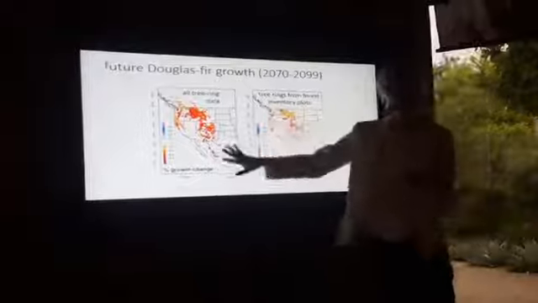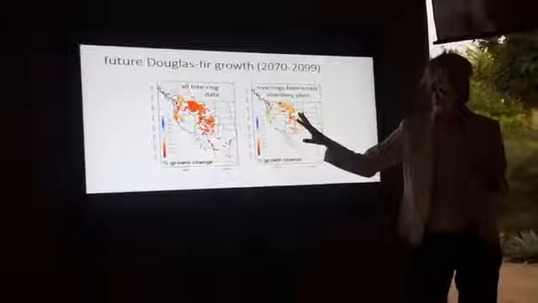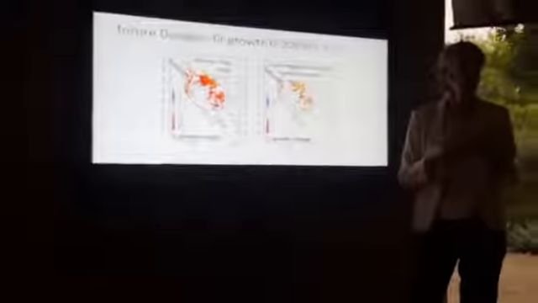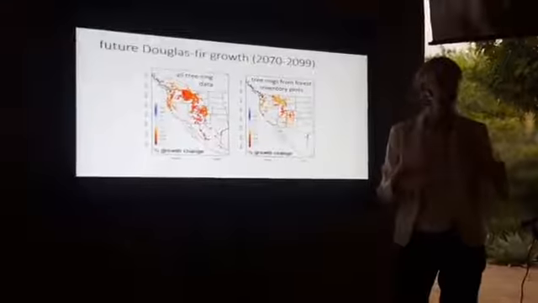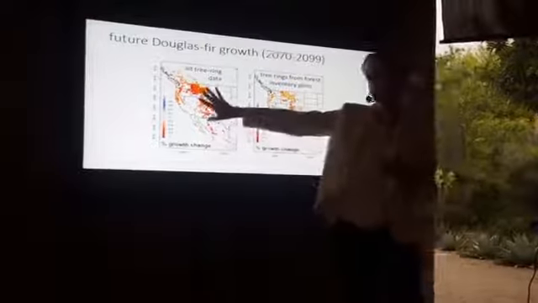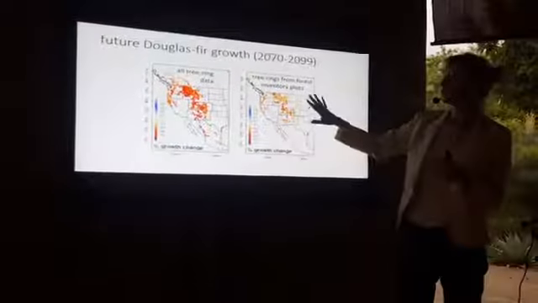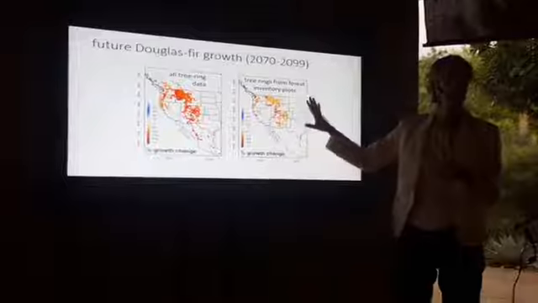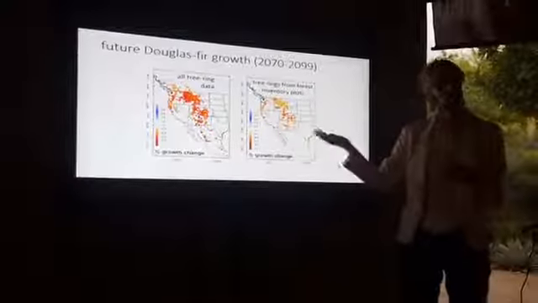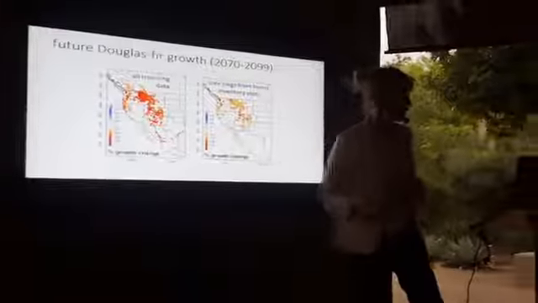If we use all the tree ring data, which mostly comes from the ITRDB and these other kinds of sampling schemes that target more climate-sensitive trees, you get stronger predictions of decline. Whereas if you limit the analysis to just the tree rings from the forest inventory plots, you get less of a decline from those data.